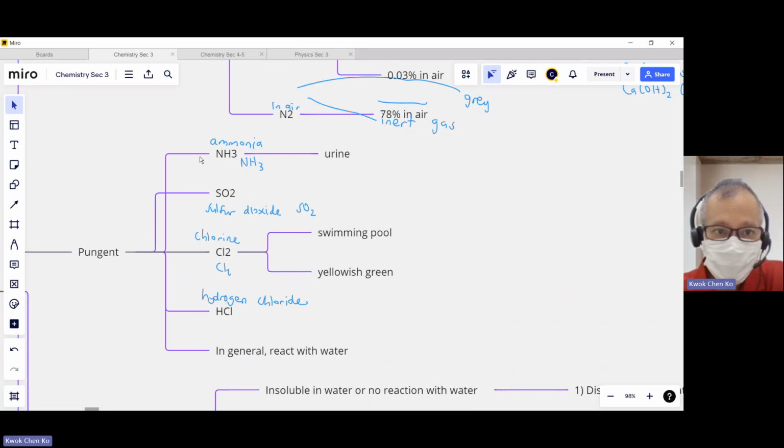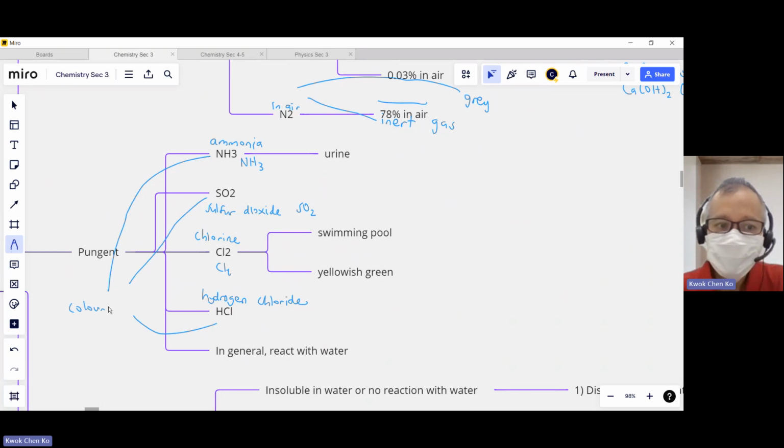Okay, so ammonia is colorless, SO2 is colorless, HCl is colorless. But I also want to qualify that they're only colorless when they are pure. And some of them can react with substances in the air and they form something else.